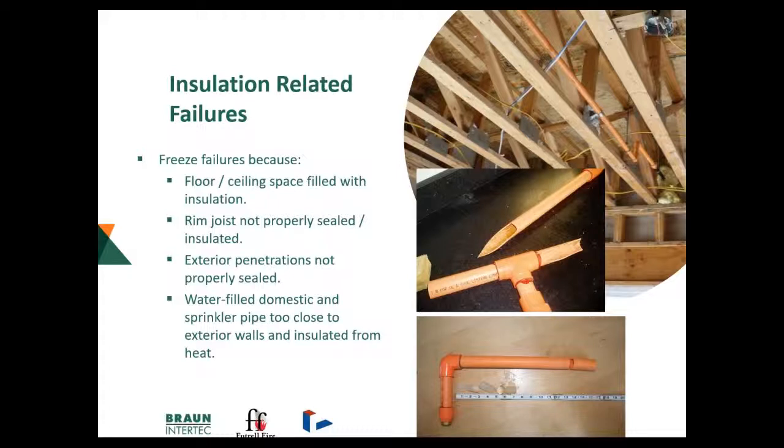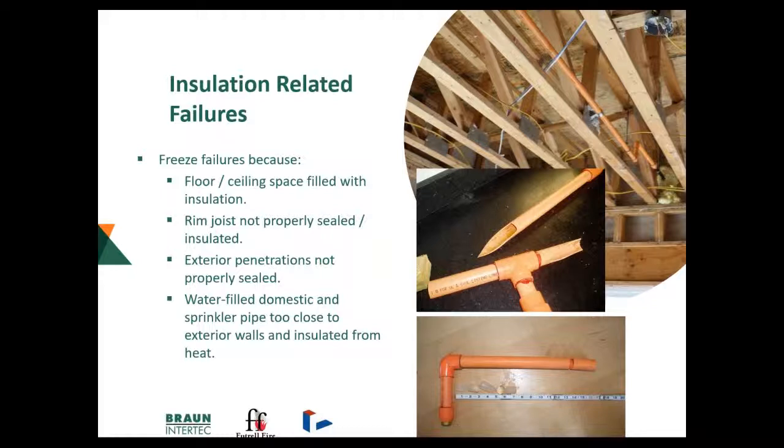So what kind of insulation related failures do we see? Well, freeze failures are very frequent, failure types that we see quite often. Floor and ceiling spaces are filled with insulation. The water-filled pipe is installed too close to exterior walls, insulated or away from the heat.